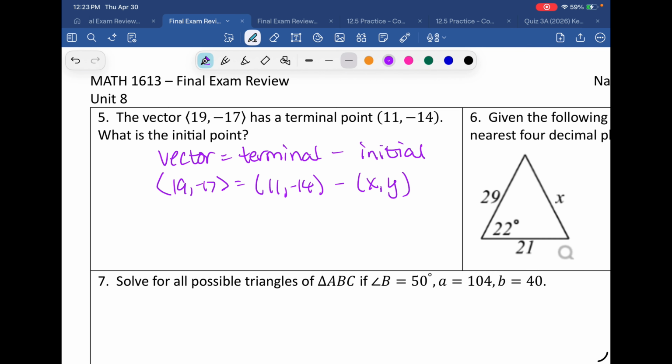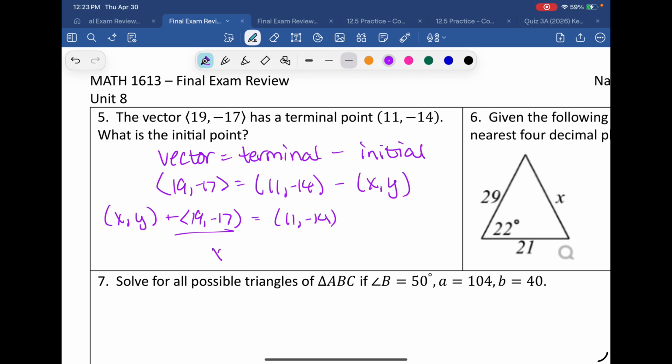All right, so in my head, I added the x y. And then subtracted this 19, negative 17. So if I subtract 19, negative 8. If I subtract negative 17, negative 31.